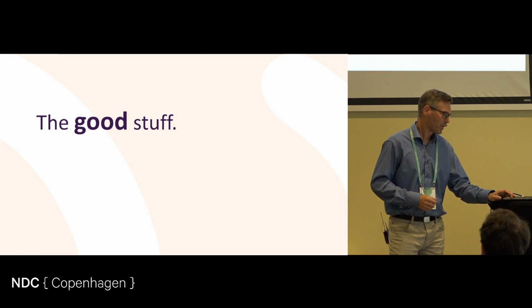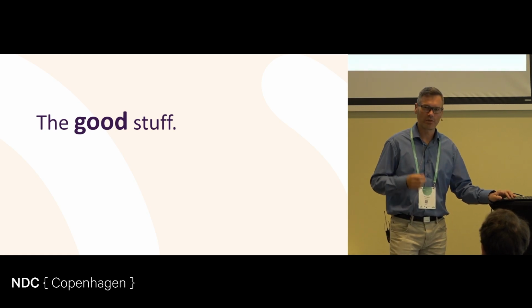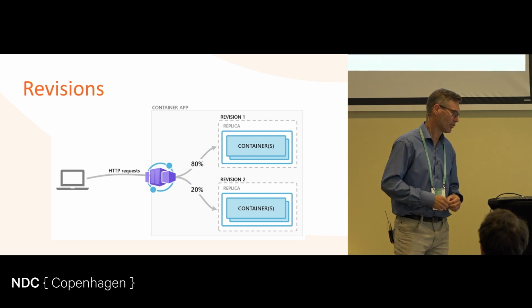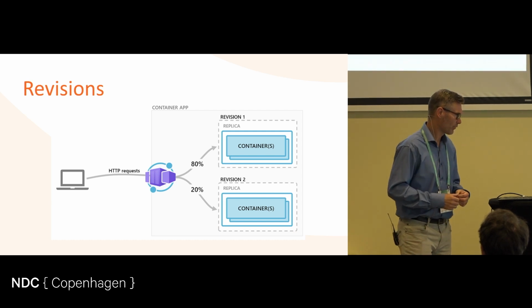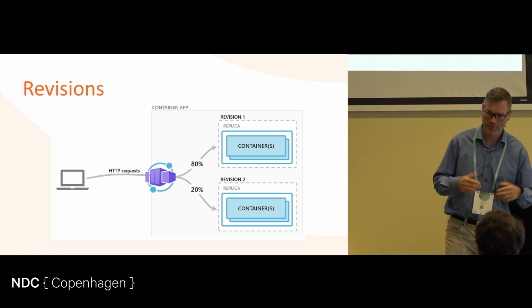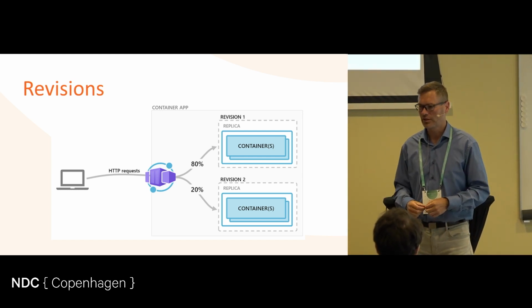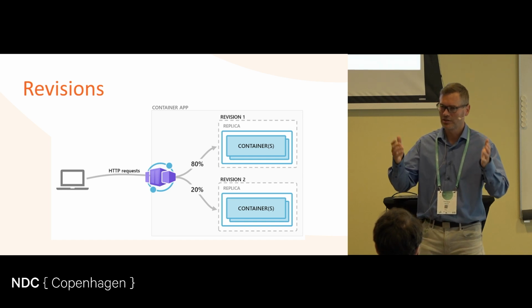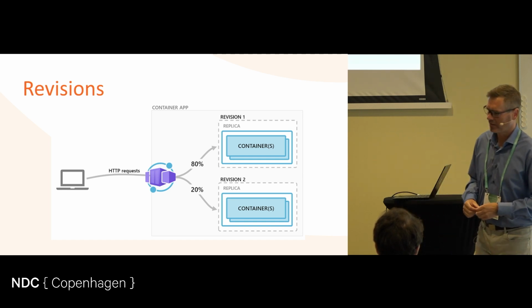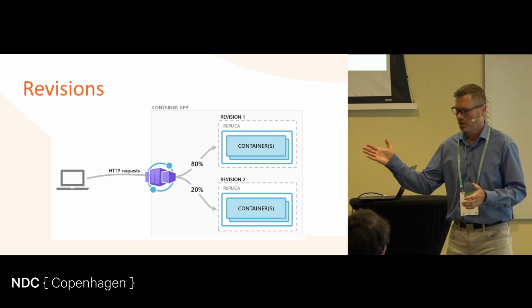But what's the good stuff, what we like very much with Azure Container Apps? First of all, you have those revisions out of the box. So you just install an application, put it in this container, provision it, and then you can say, okay, now I want to have a new revision.